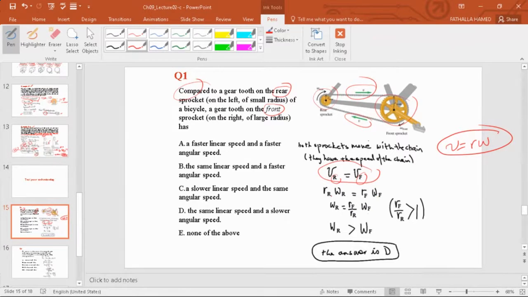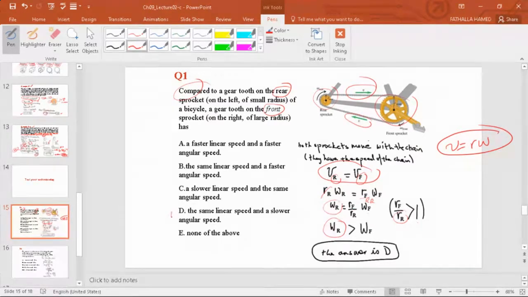Now you can divide here by r rear, so you have omega rear equal to r front over r rear multiplied by omega front. Now you know that the radius of the front gear is bigger than the rear gear. That means this ratio is greater than 1. That tells you that omega rear is greater than omega front.